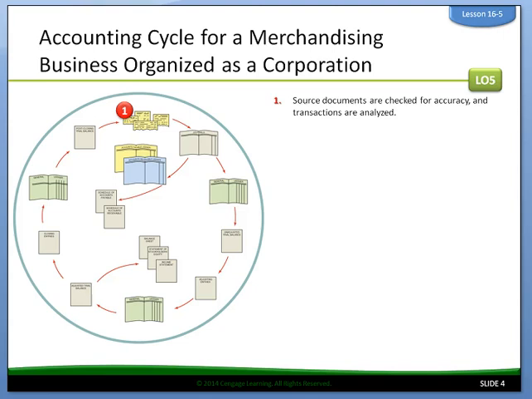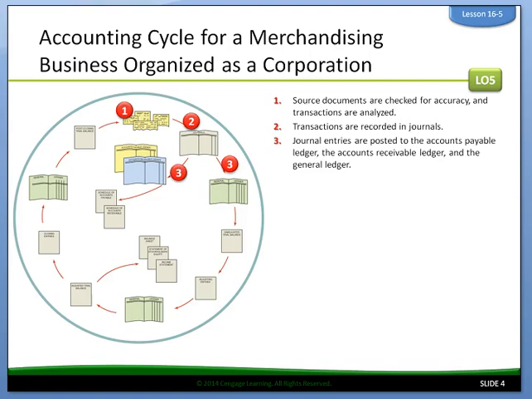First of all, we have source documents, and they're checked for accuracy, and transactions are analyzed. Next, transactions are recorded in journals. Transactions from information on the source documents are recorded in journals. Third, journal entries are posted to the accounts payable ledger, the accounts receivable ledger, and the general ledger.